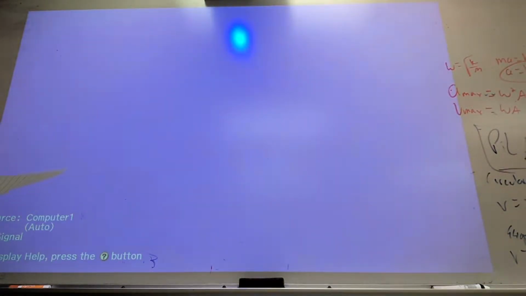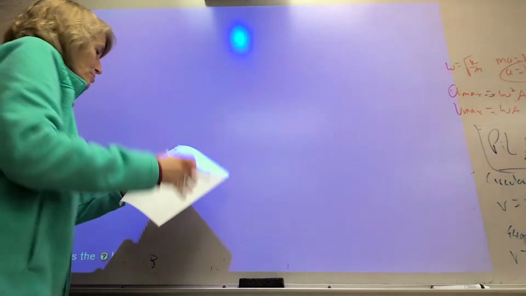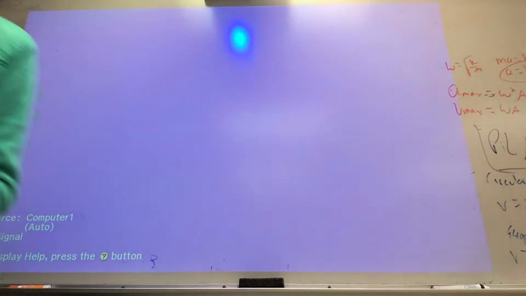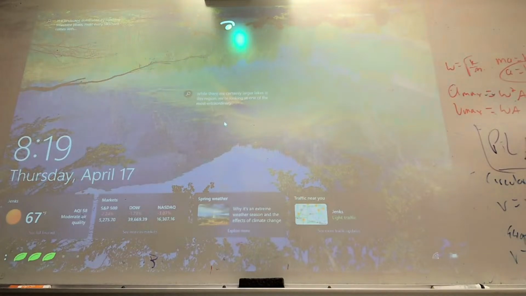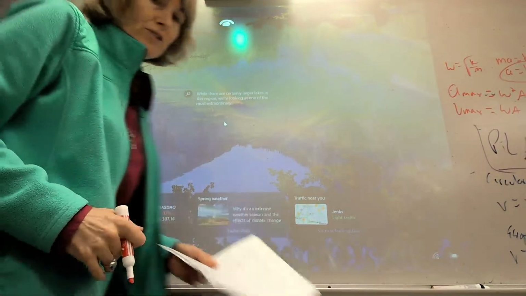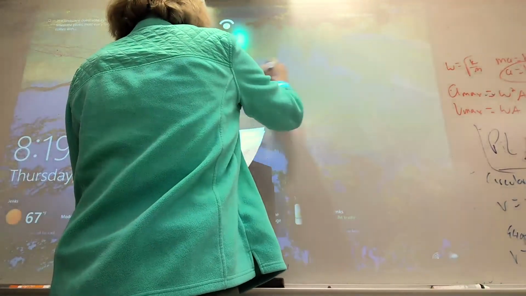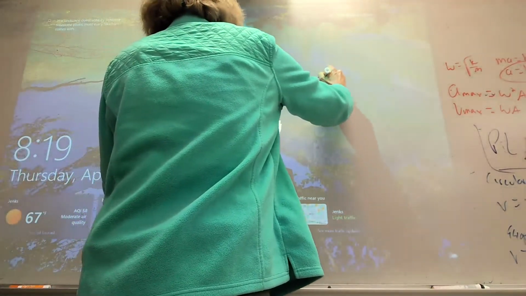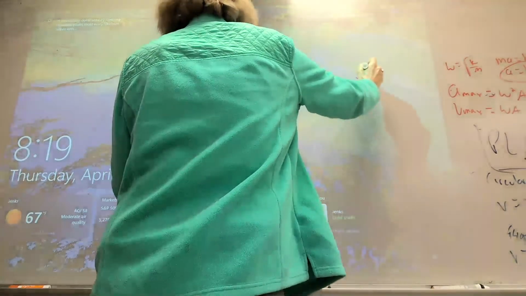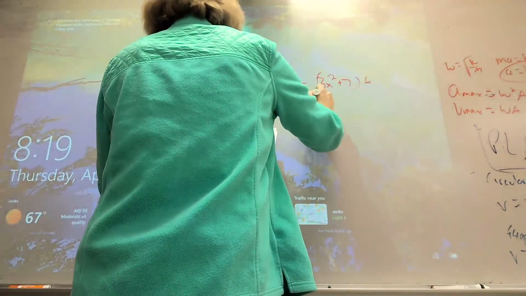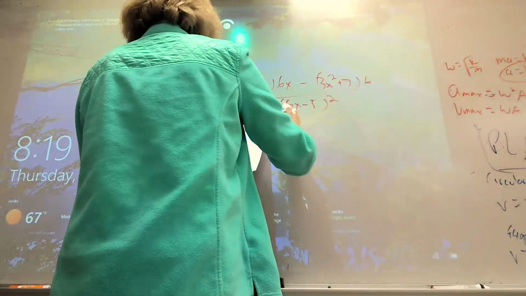So we started out, number one, the most of the credit will be on just getting your rule right. So the bottom, 6x minus 5, times the derivative of the top, 6x, minus the top, 3x squared plus 7, times the derivative of the bottom, 6, over 6x minus 5 quantity squared.